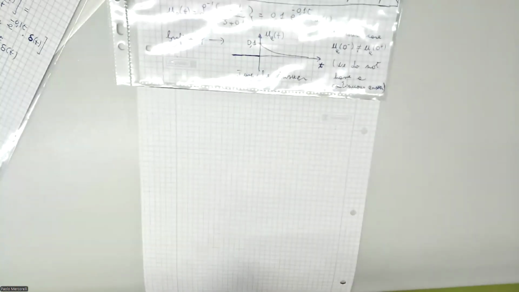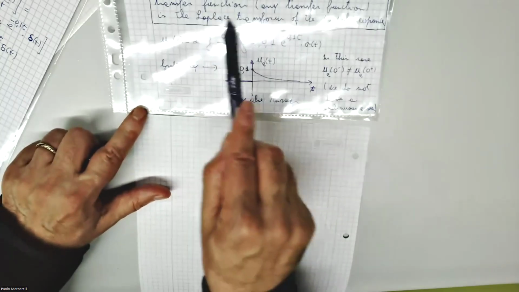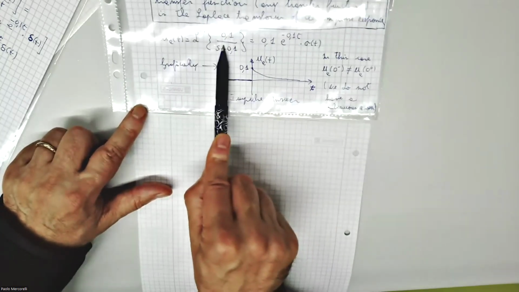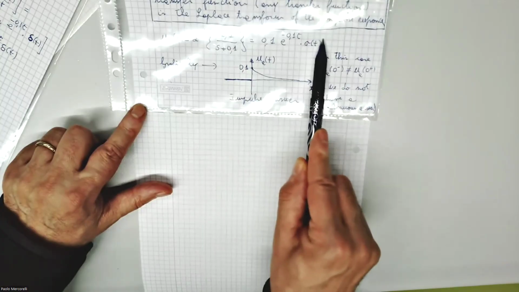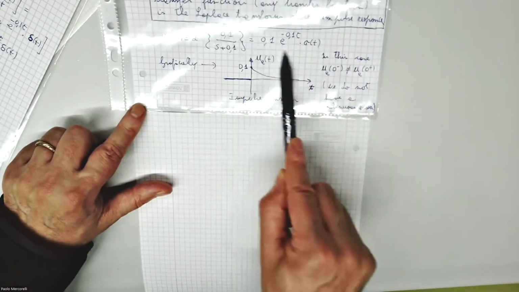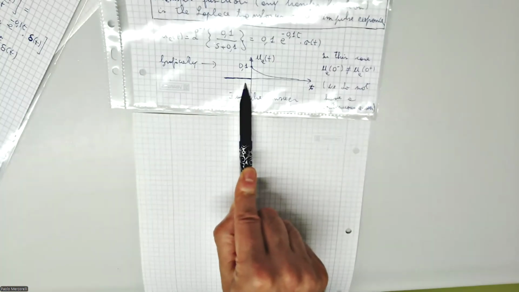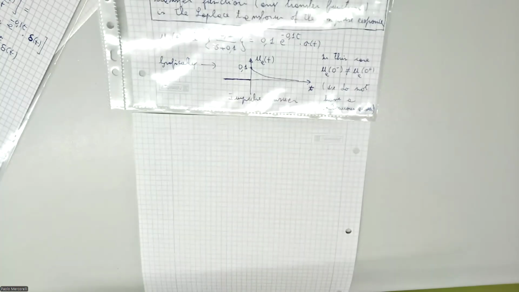Look, if I do the back transformation of this, I have this signal here. Graphically it is here.